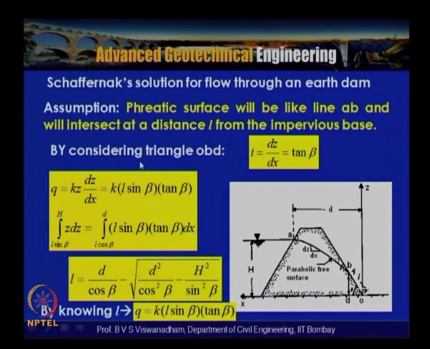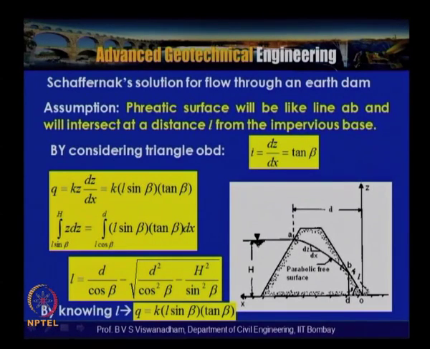And by considering the triangle OBD, the slope I is equal to dz by dx, and the angle subtended by OB with OD is beta. So we can write dz by dx is equal to tan beta. So the hydraulic gradient is considered as dz by dx equal to tan beta.